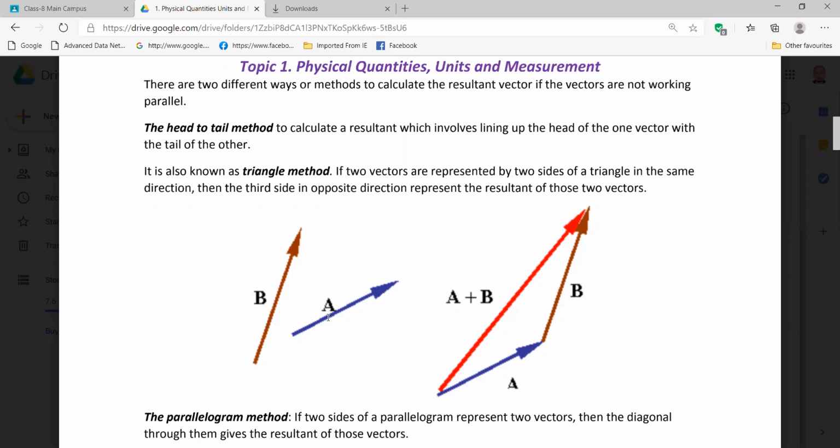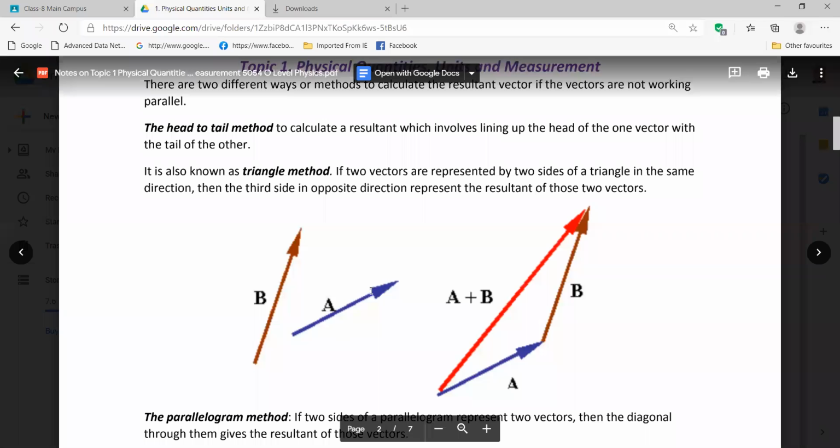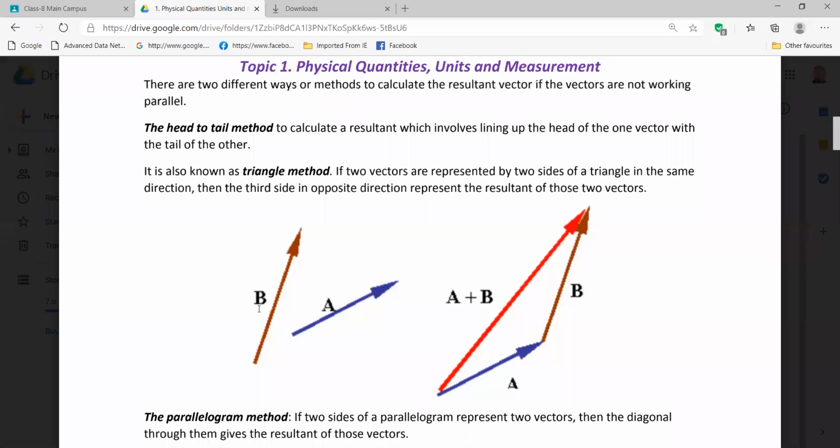Then here we are getting 1, 2, 3, 4. So if you are getting A as 3 centimeter and B as 4 centimeter, then we can link it with the given value of the forces or velocities or any vector quantities.